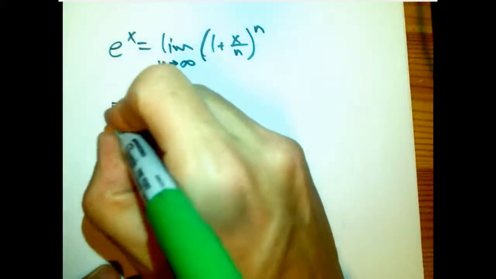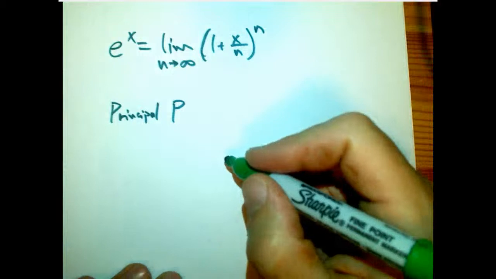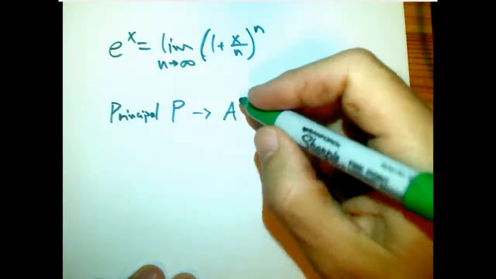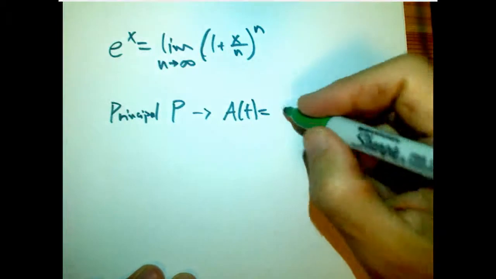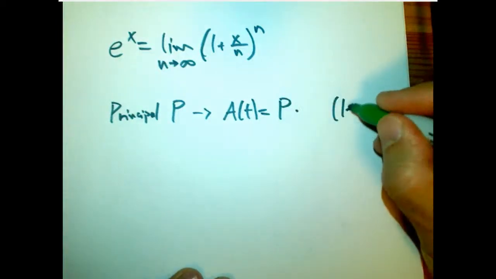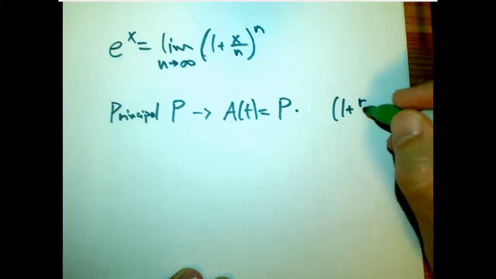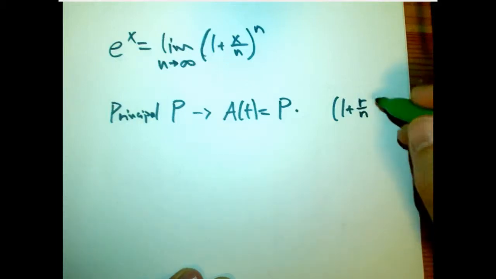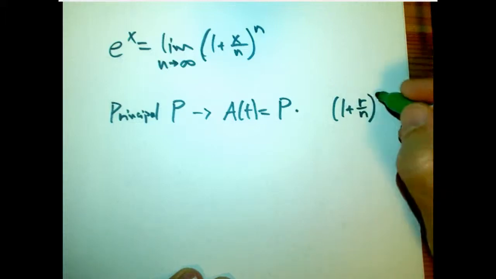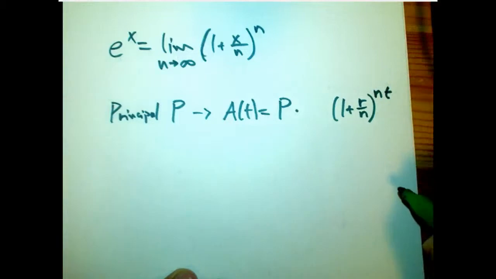If you have principal P in an account that earns interest compounded continually, then the amount at time t is P times... what you do is you look at compound interest: you take the interest rate, and if you compound it n times per year, you earn that much interest each time, plus your principal, and then you have n compounding periods times however many years it is.